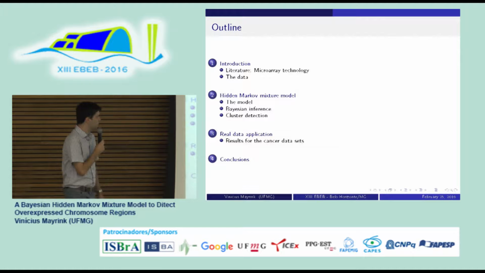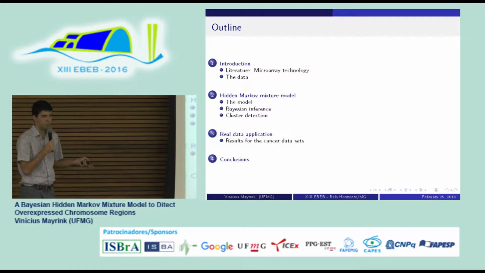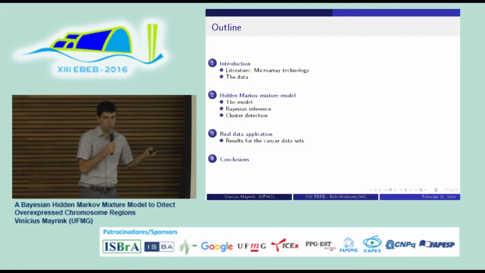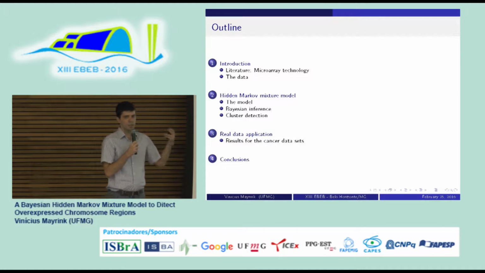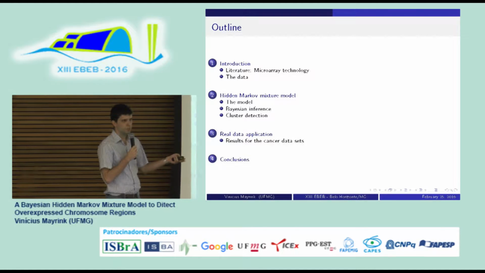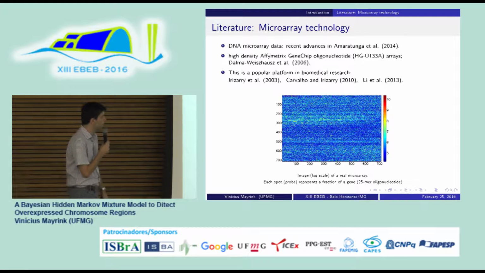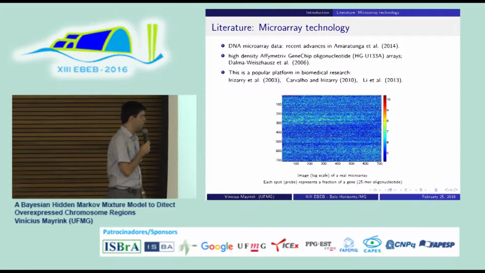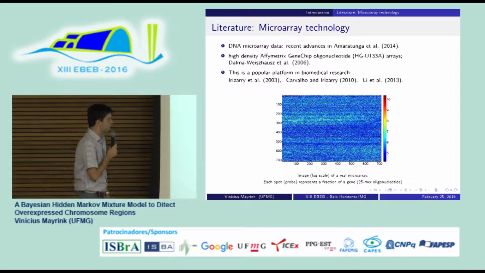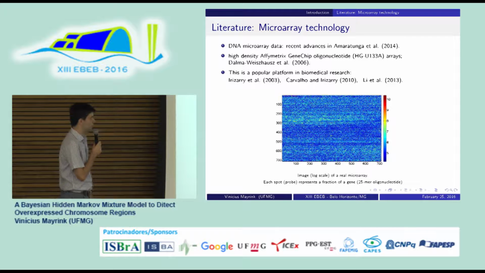So the presentation is divided in 4 main points. I basically will just introduce the data and then present the model and then show a real data application for cancer data. So we work with microarray technology, which has been used in many publications in the past years.